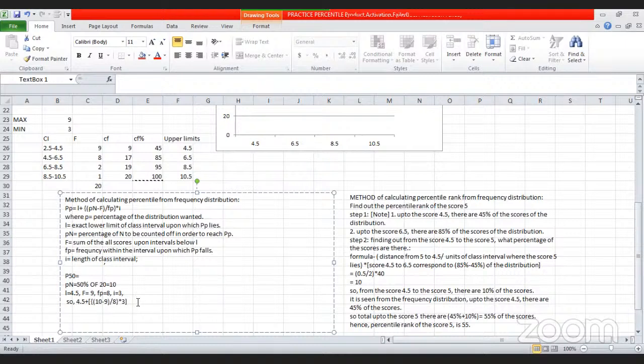So that is equal to, you can calculate it. Please calculate with me. 4.5 plus 10 minus 9 divided by 8 into 3. So 10 minus 9 divided by 8, that means 1 by 8. 1 by 8 is 0.125. 0.125 into 3 is 0.375.